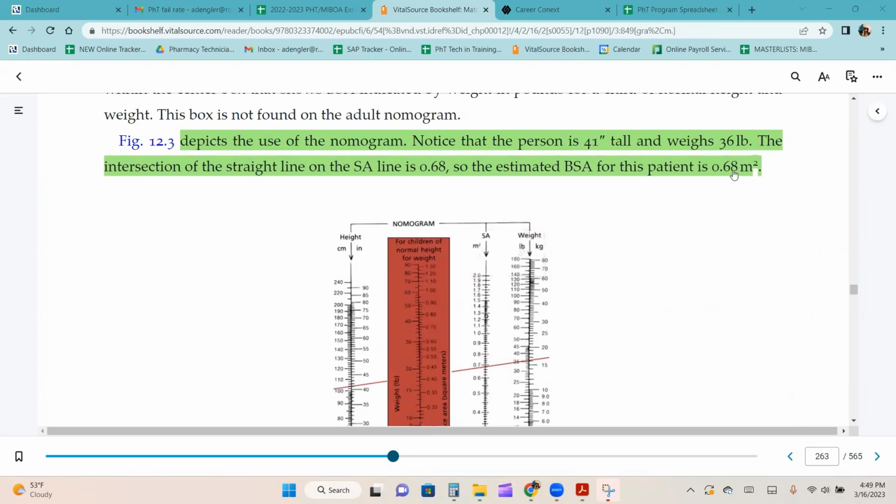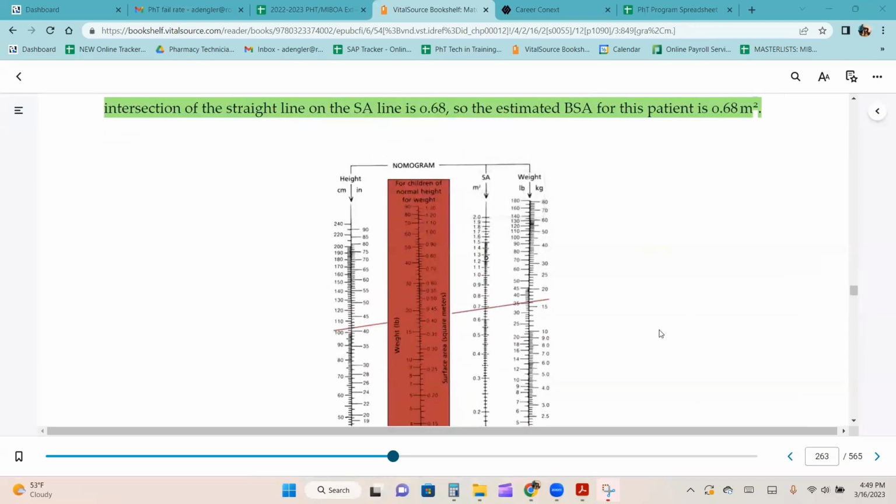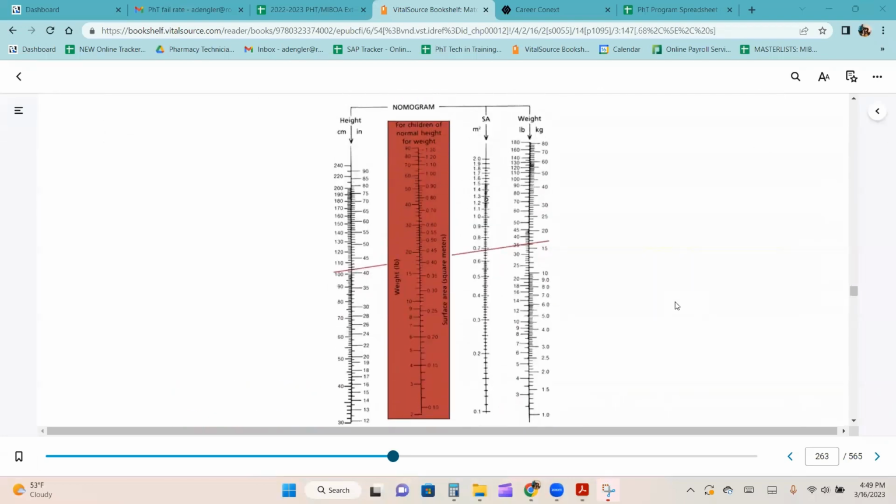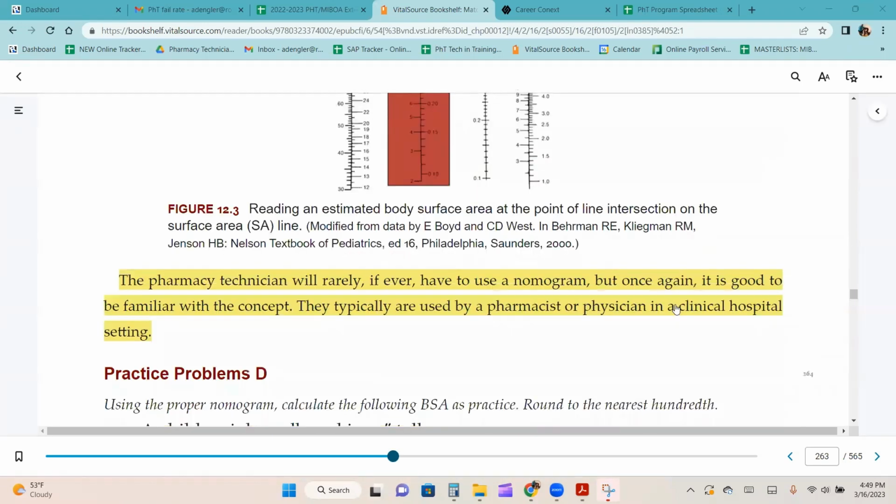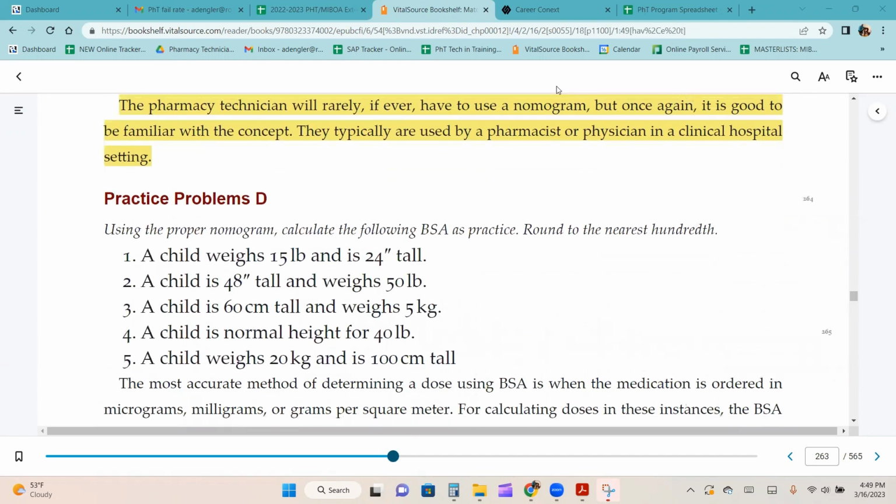So the BSA is 0.68 meters squared. The pharmacy technician will rarely, if ever, have to use a nomogram, but once again, it is good to be familiar with the concept. They typically are used by a pharmacist or physician in a clinical hospital setting.